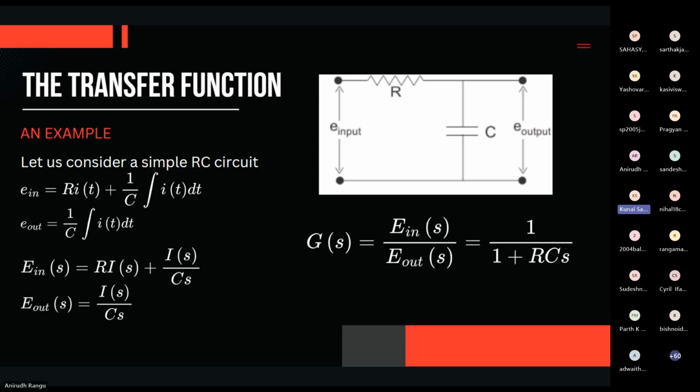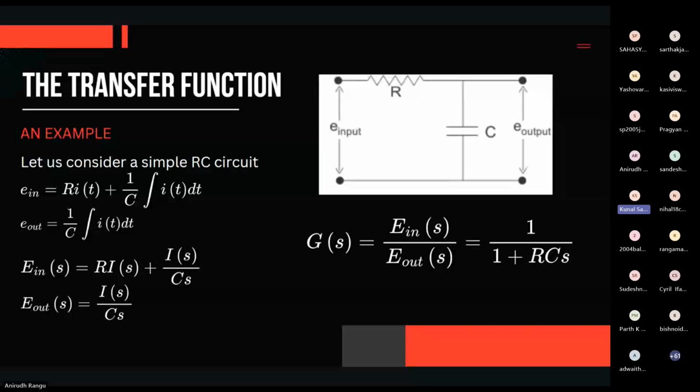Then we have the output, E out, which is the voltage across the capacitor, given by 1 by C times the integral of I dt. As you can see, these are differential equations, and in order to solve them, we take the Laplace transform of these functions. Capital E input is the Laplace transform of small e input.